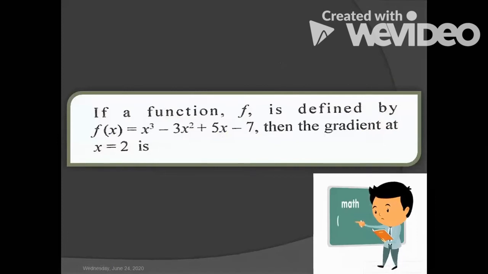It says if a function f is defined by that expression, then the gradient at x equal to 2 is... Let me just flash back your memory a little bit.